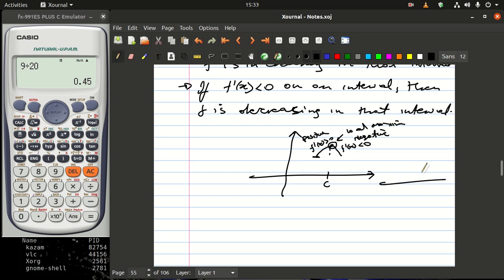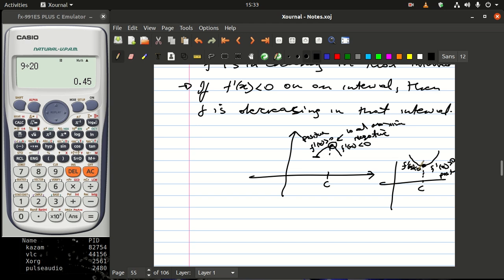In the other case, I have my point C, and this function is decreasing as I go to this point. In other words, the first derivative with respect to x is negative, and then here it is increasing, so the first derivative is bigger than 0, or positive. So what is happening here?